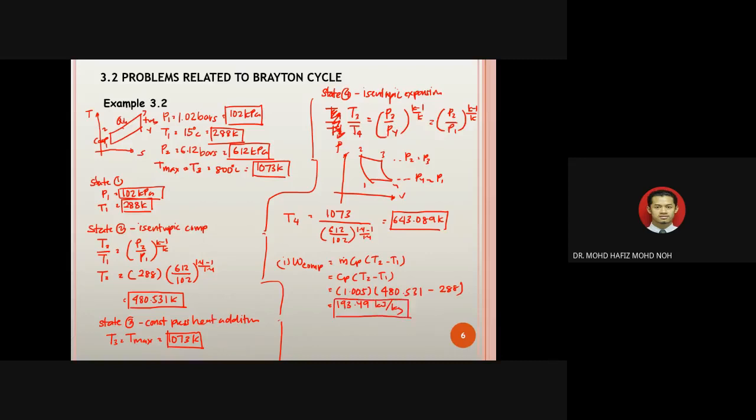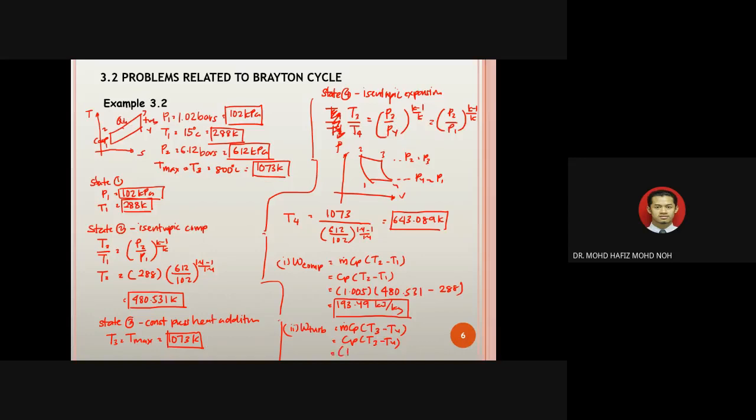Okay, clear? And then question number 2, you can calculate the value of W turbine as required, which is m dot Cp, so T3 minus T4. Since mass flow is not given, it's just Cp times T3 minus T4.